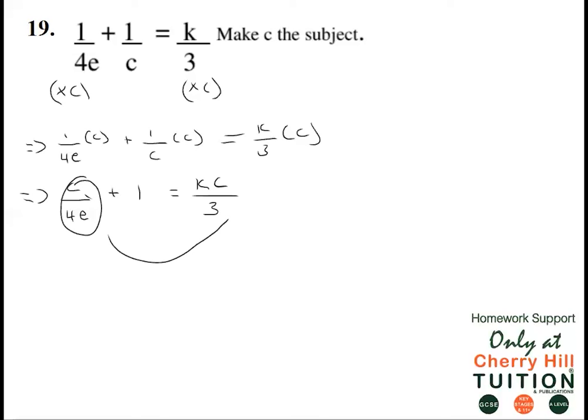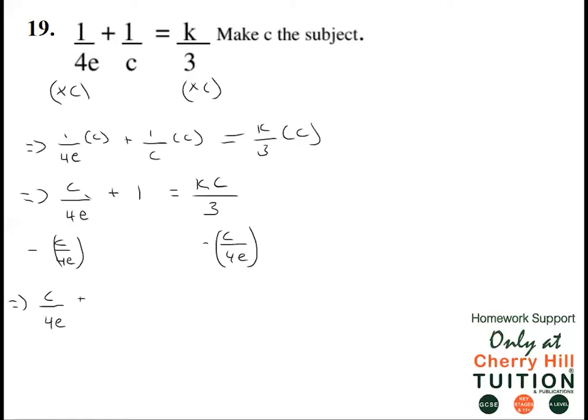Now, because we're adding right now, we need to eliminate this and bring it to the right-hand side. So we minus both sides by c over 4e. Okay, now this leaves us with c over 4e plus 1 minus c over 4e is equal to kc over 3 minus c over 4e.